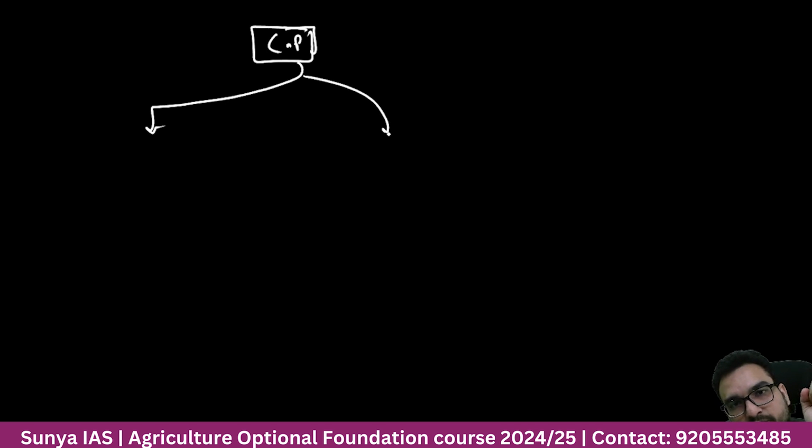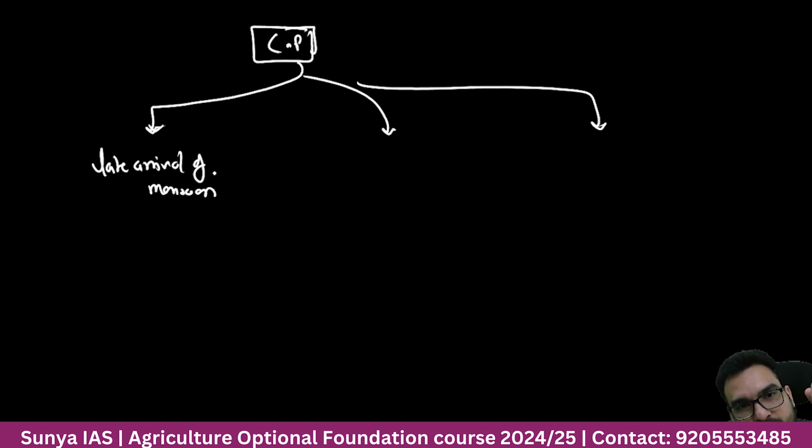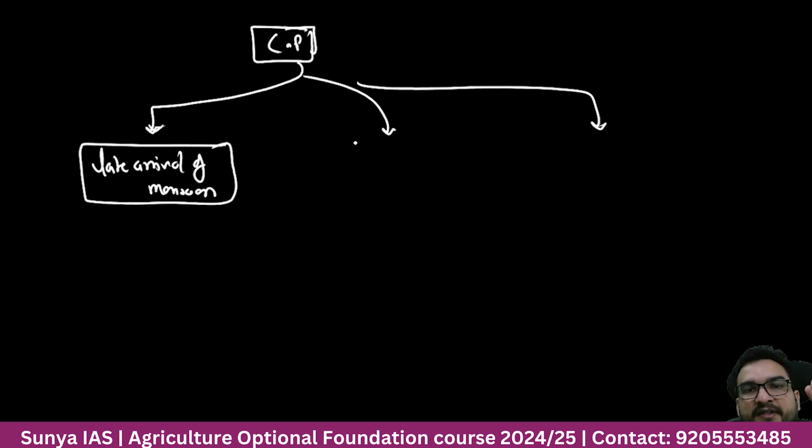One condition can be that I am not getting the monsoon as I was planning because of the erratic nature of monsoon. I am getting the rainfall late. So late arrival of monsoon is one condition.